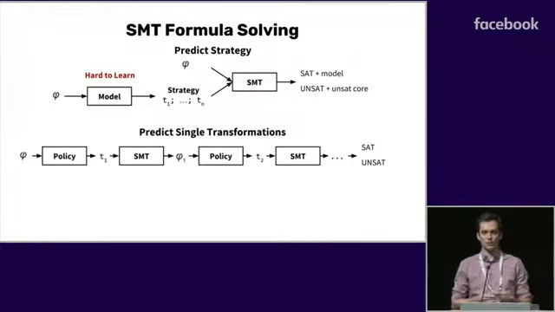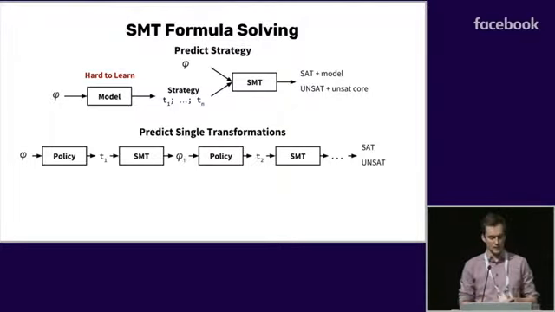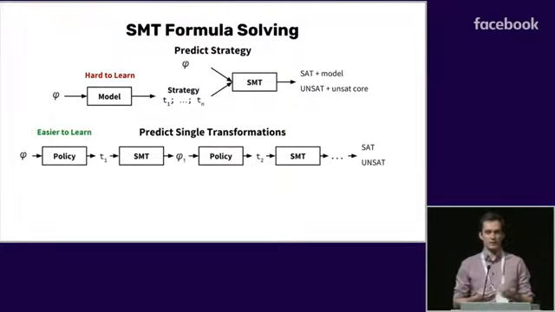So how it would look in practice: we would take the formula, we would use the policy to predict the next transformation to apply. We would then take this transformation, give it to the SMT solver, which gives us the transformed formula, and we do this until we solve the formula. Now, the good thing is that this is much easier to learn because we have all these intermediate formulas that we can condition on.